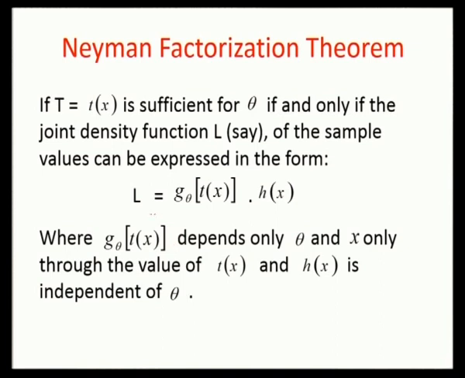So in general the likelihood function can be written as the product of g of x into h of x, where g of x depends only on theta and x only through the values of T of x. h of x is purely independent of theta.